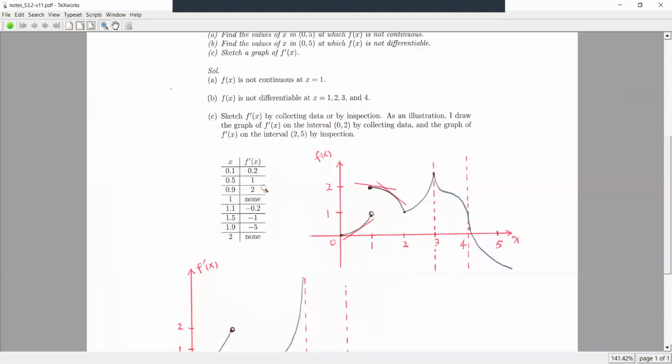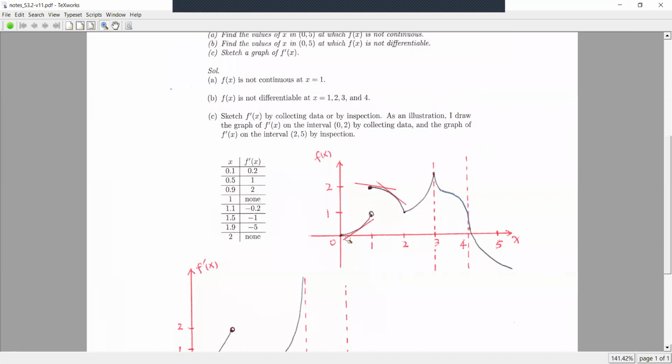I make this table to collect data. Between 0 and 2, I pick these points for x. For the derivative at point 1, the point is about here, close to 0.